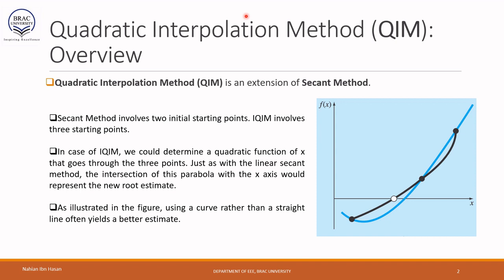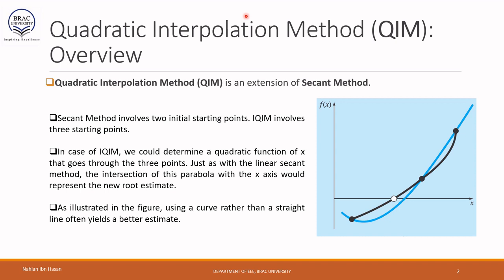Just for clarification, look at this figure. In this figure we are drawing a function f of x with respect to x, and this function is denoted by the blue line. This blue curve is our original function. So what we are going to do, we are going to assume three different starting points which are denoted by these black dots, this one, and this one. Using these three black dots we are going to fit a parabola within these three dots.